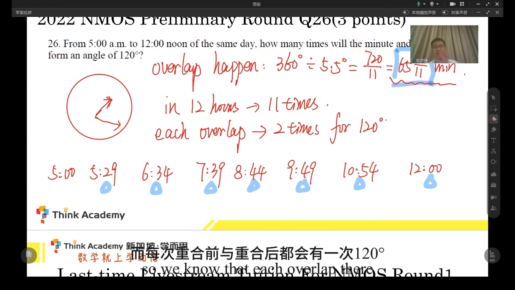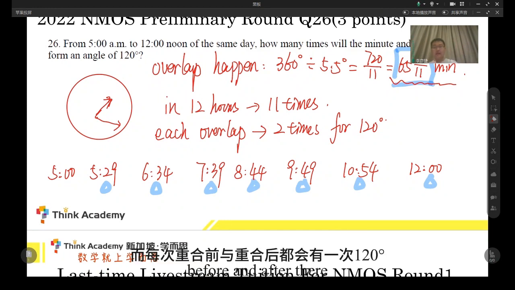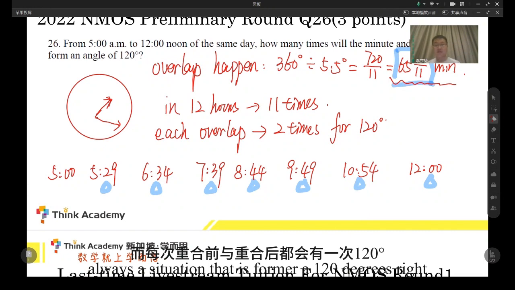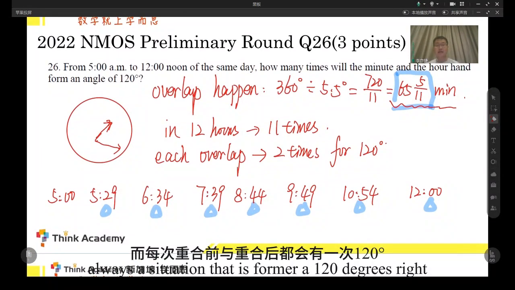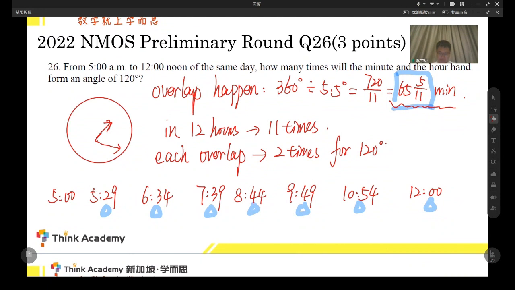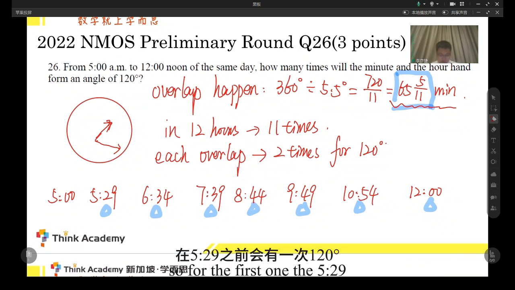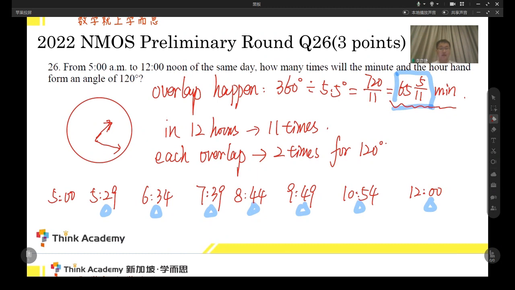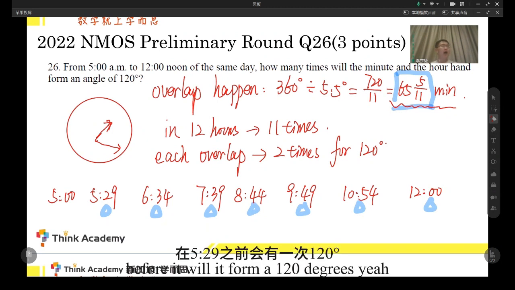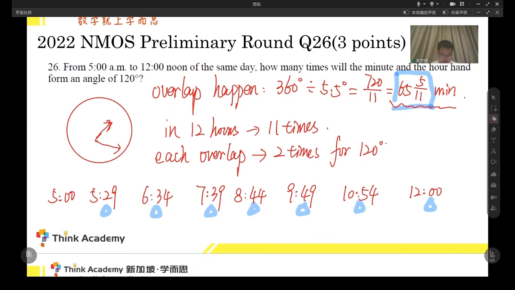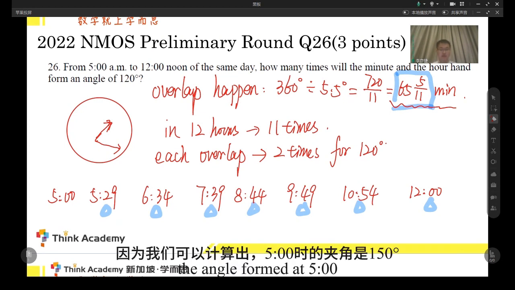So we know that for each overlap, before and after it, there is always a situation that they form 120 degrees, right? So let's start from here. For the first one, 5:27. Before it, will it form 120 degrees? For this question, maybe we should calculate the angle formed at 5 o'clock.